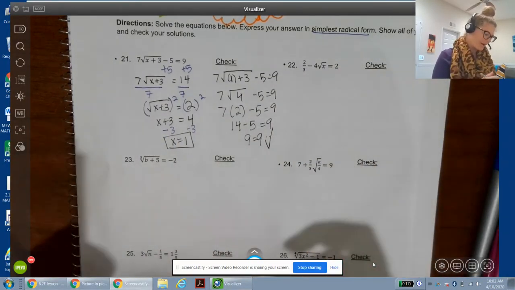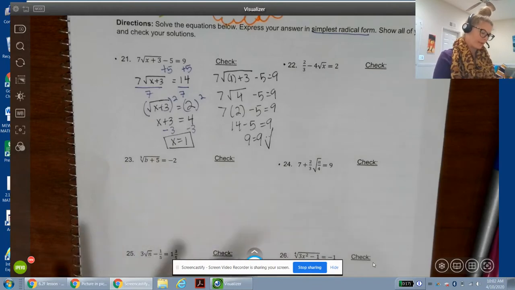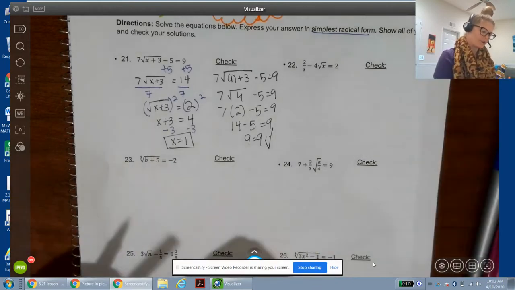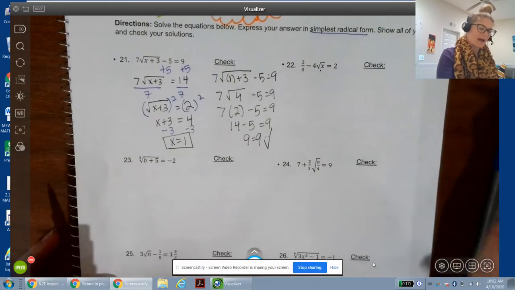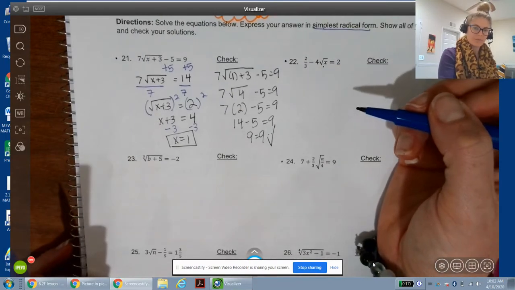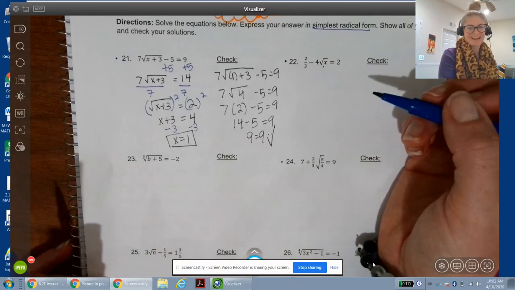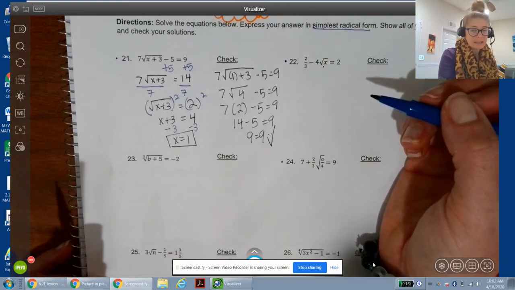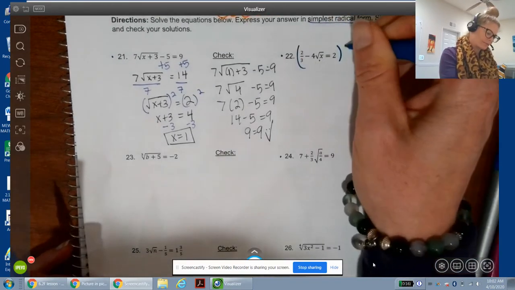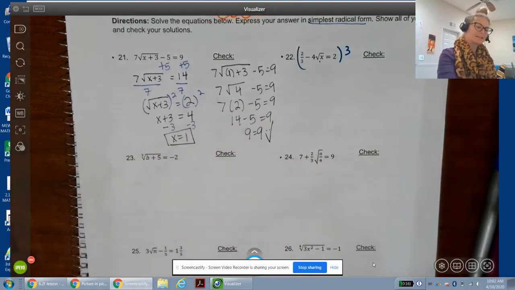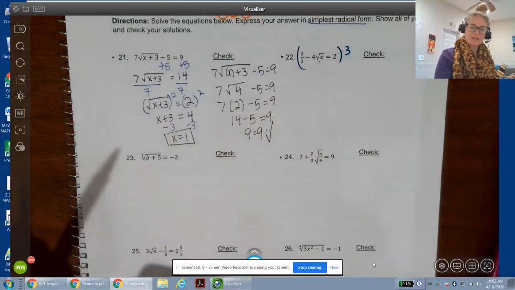Okay. 22. Ooh, ooh. Okay, so taking a look at 22, got to isolate that radical expression first. I'm going to get rid of that 2/3. I kind of want to get rid of the fraction completely. So I'm going to multiply both sides by 3. Make it a little bit simpler on me. Be kind to yourself.